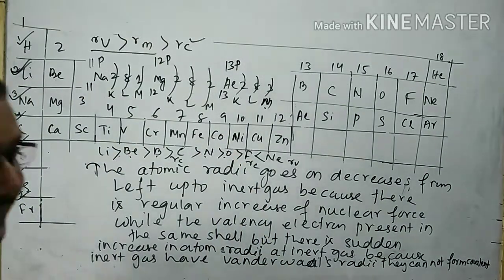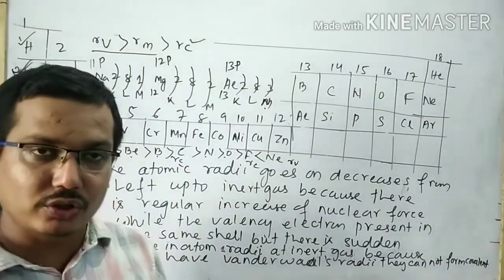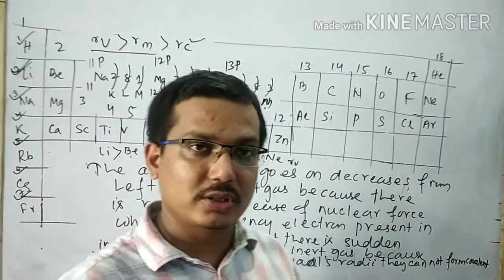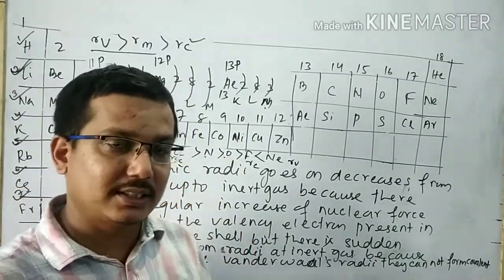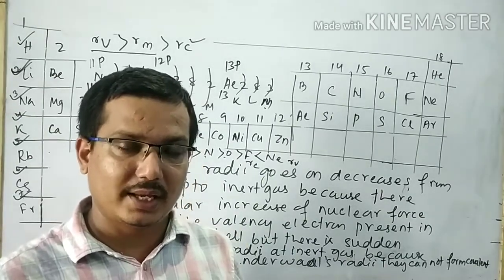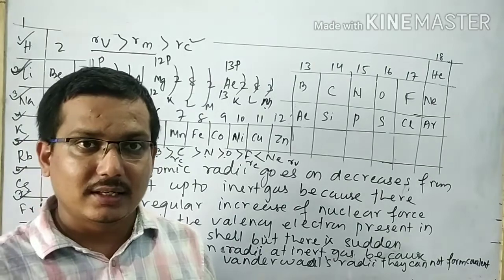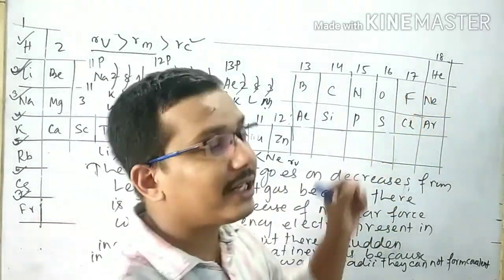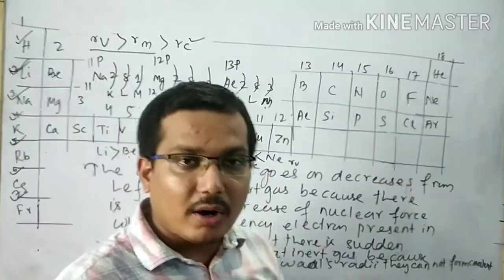Due to the increase of the nuclear force, the atomic radii goes on decreasing, because the more nuclear charge attracts the valence shell more. As a result, atomic radii goes on decreasing up to inert gas. But at inert gas there is a sudden increase of atomic radii.